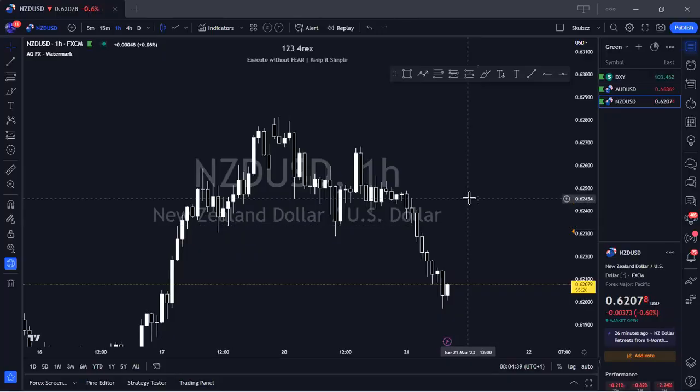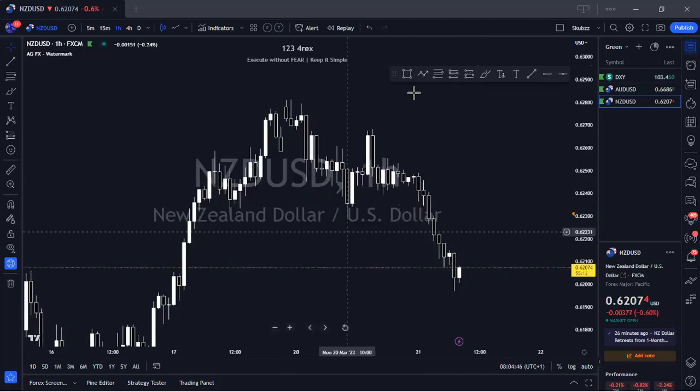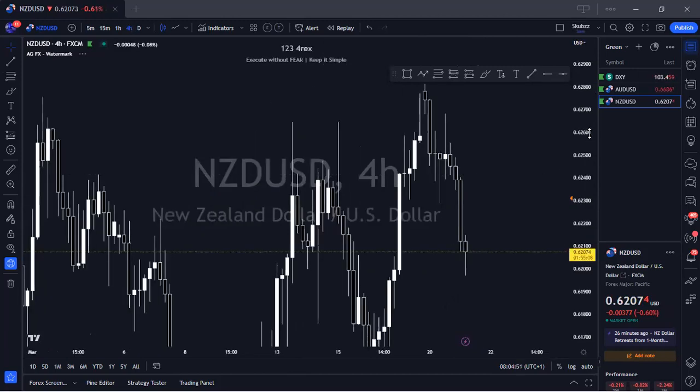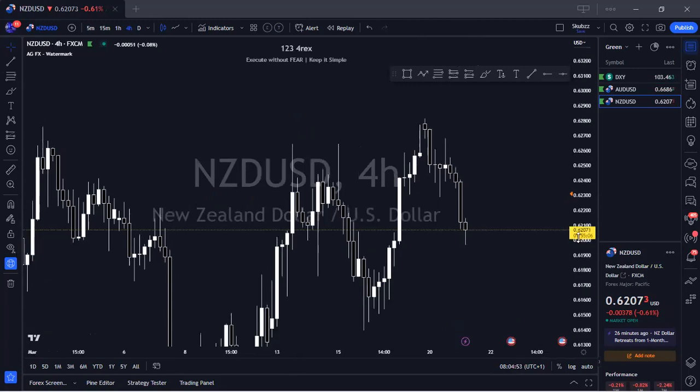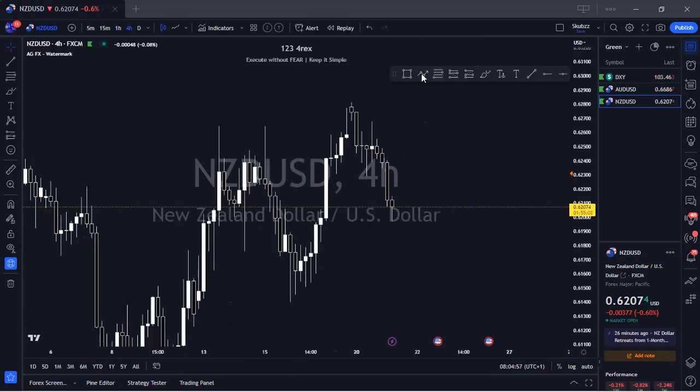I'm going to start with NZDUSD. Since it's the beginning of the week, let's go to the higher time frame, the 4H. This is where it's complicated, because if you look at this 4H, it's looking like price created higher high, higher low, higher high.